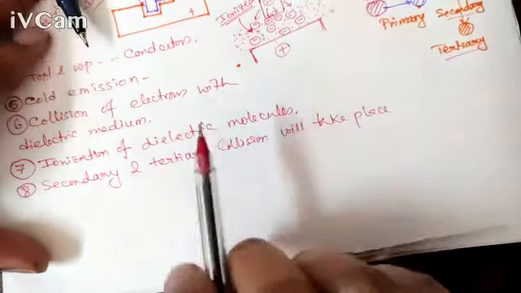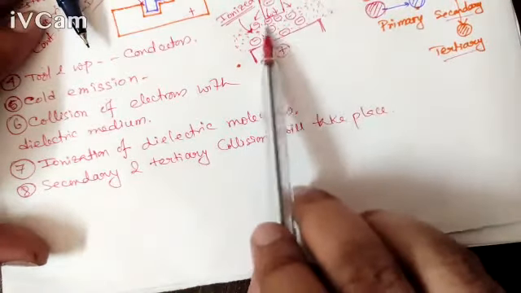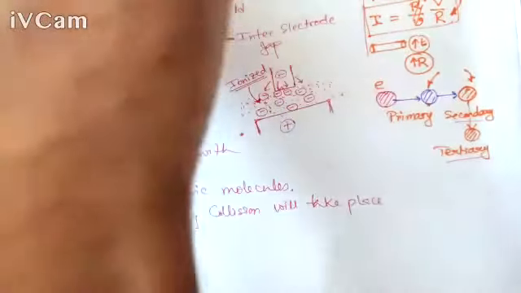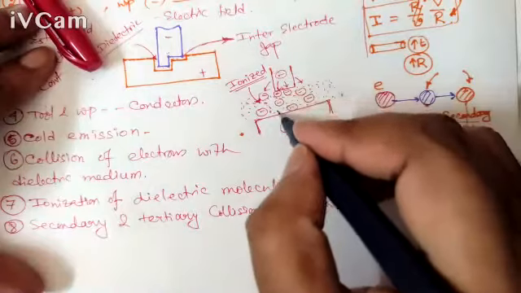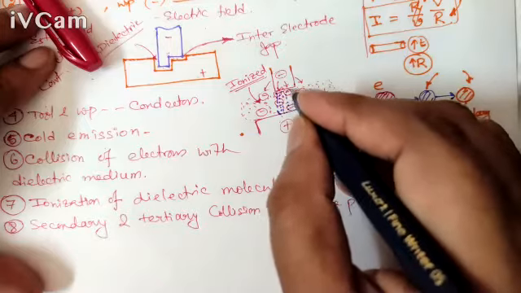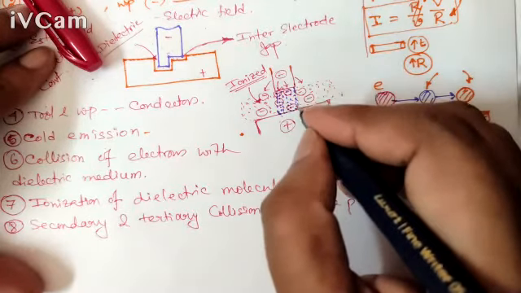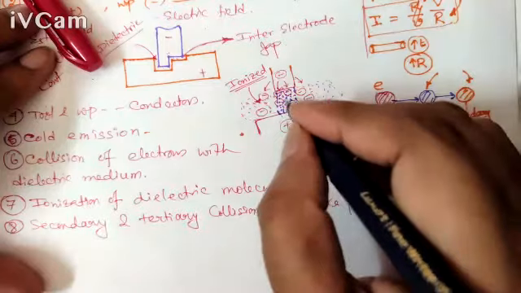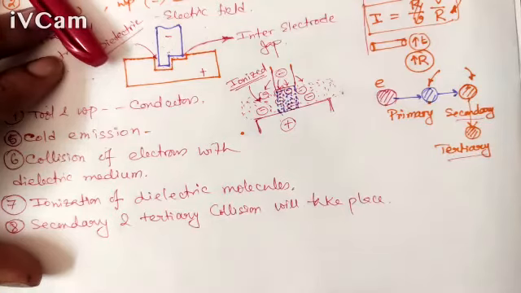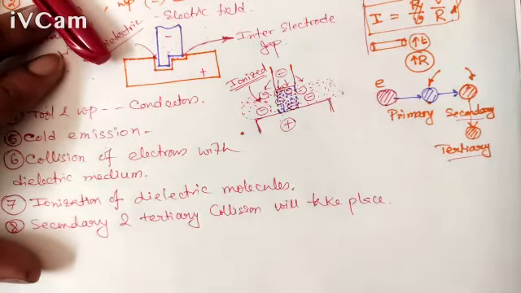Okay. So once this secondary and tertiary collision takes place, this portion will become very much energized with all the ions present in the dielectric, as well as filled with electrons.